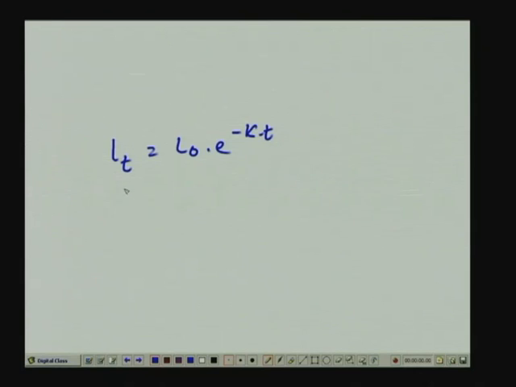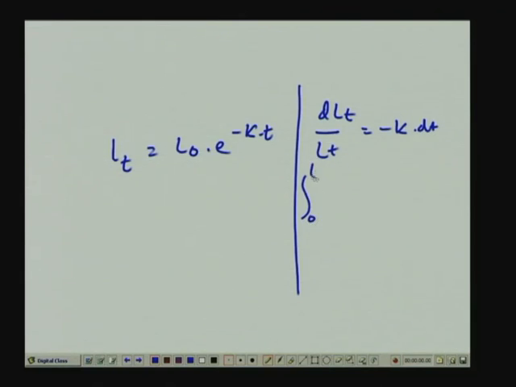The derivation of it is very simple. So, you can see dLT by LT is into k into dt, integrated from 0 to t.